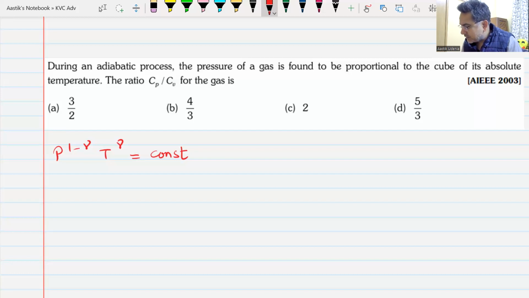I think the comparison has been written in the reverse order. Then gamma is coming to be negative, sir. No, I think I've made a mistake somewhere. I think this equation is correct.